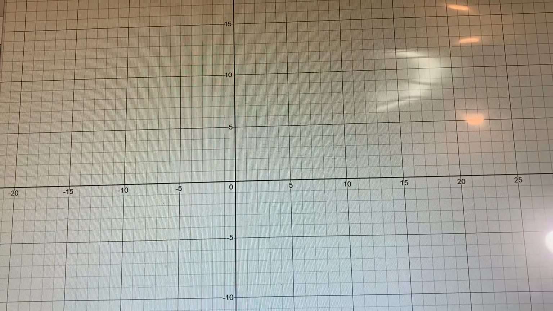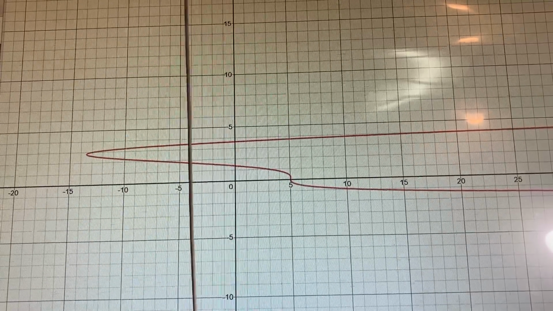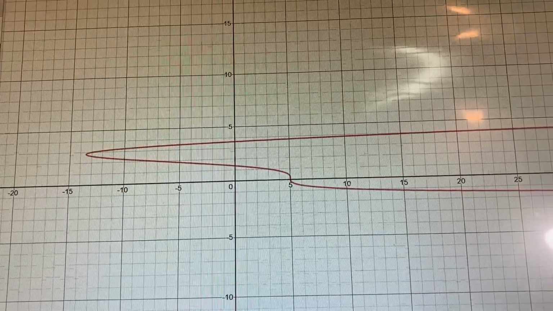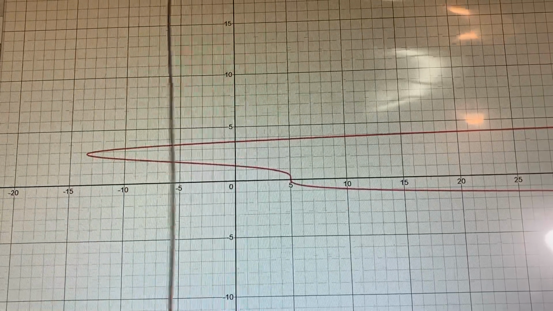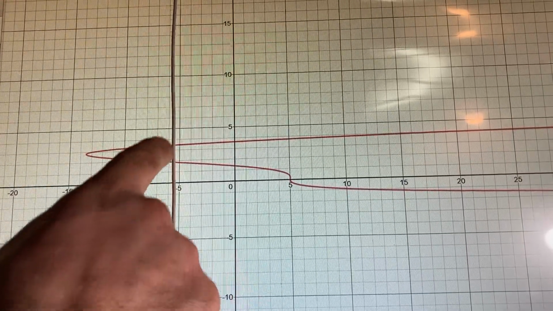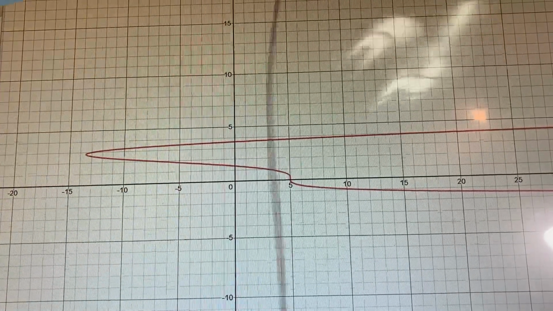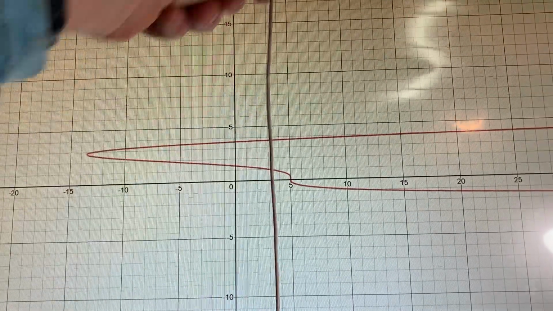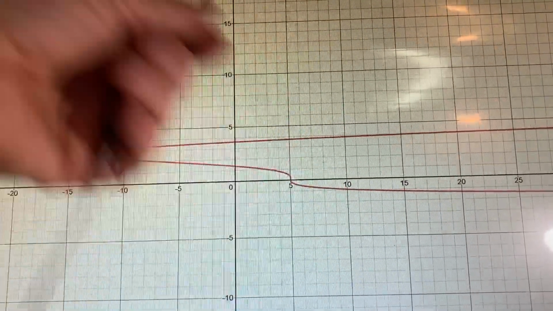Now here's a weird looking thing. Does it pass the vertical line test? No, it doesn't, because the vertical line touches it twice. Right here it touches it more than once, 1, 2. Right here, 1, 2. So it's not a function.